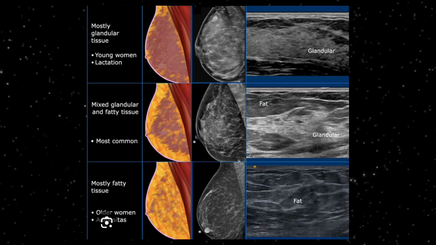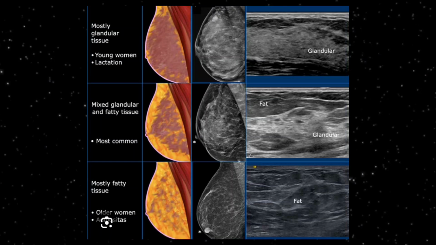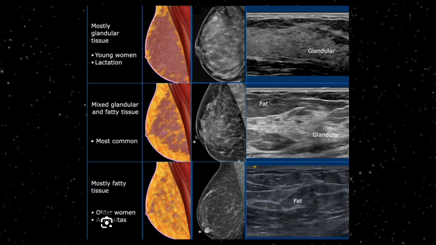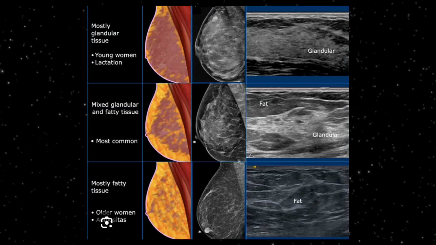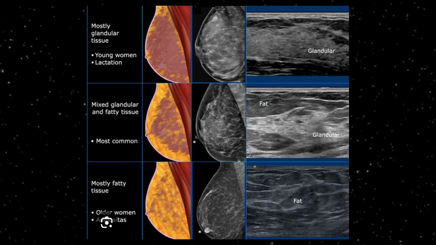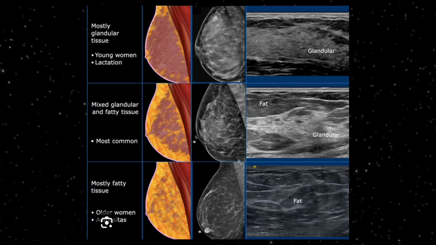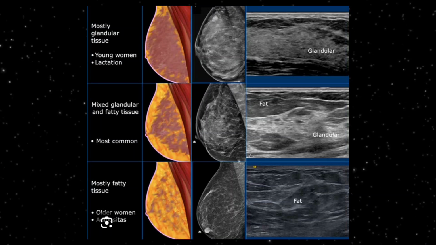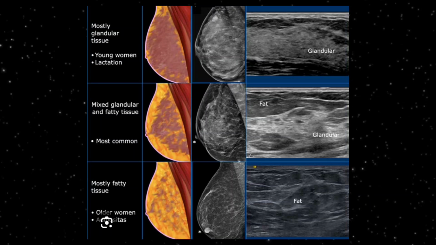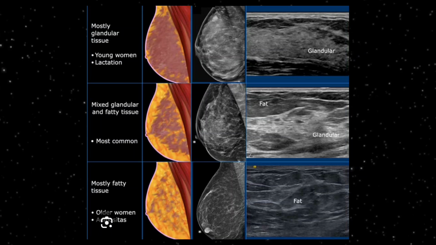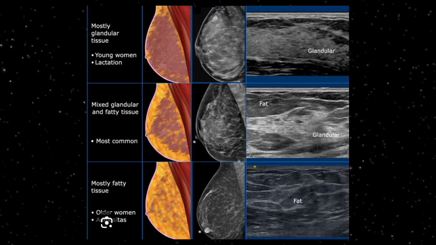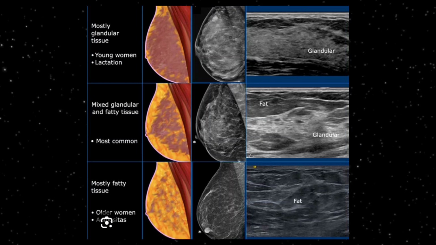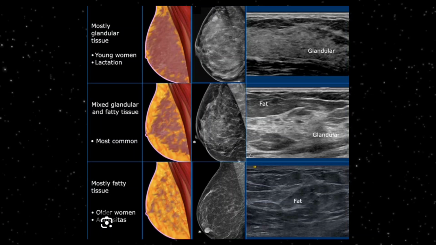Certain lesions are quite common in fatty breasts, some in glandular breasts, and some in mixed breasts; carcinoma, for example, is usually seen in the glandular pattern. So explaining the breast composition helps the physician, clinician and radiologist to work further on it.